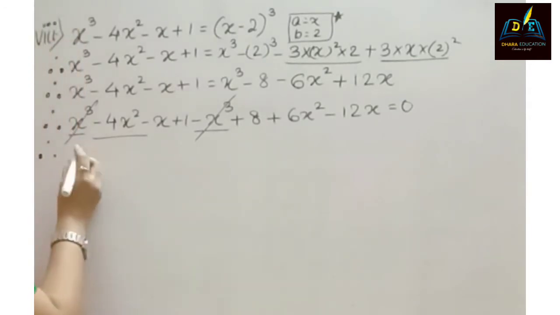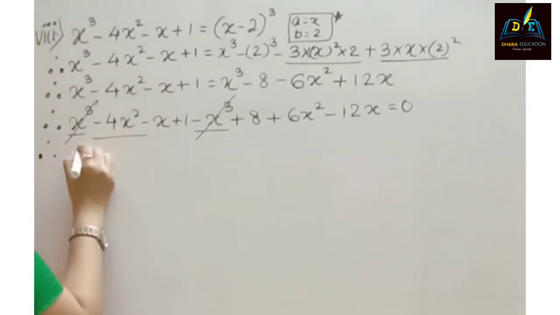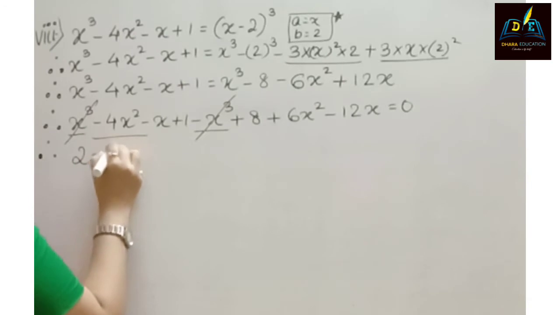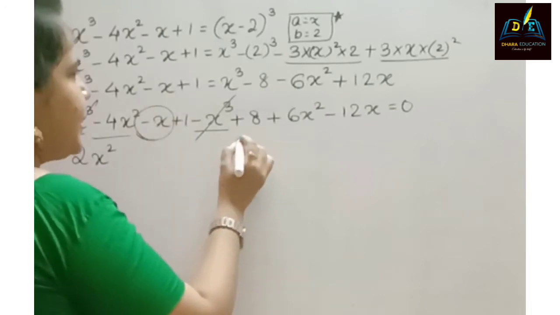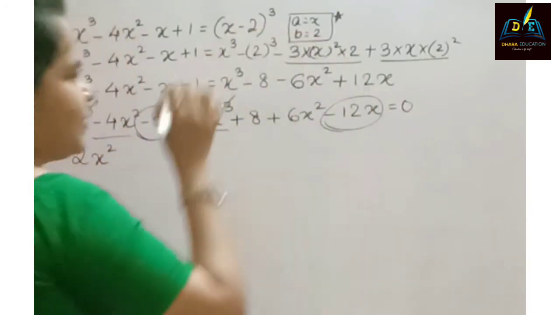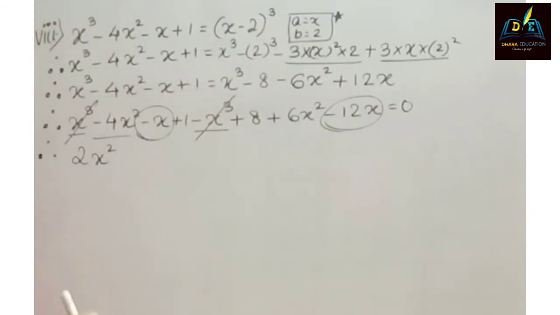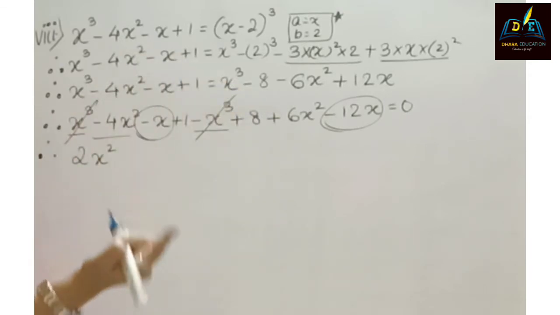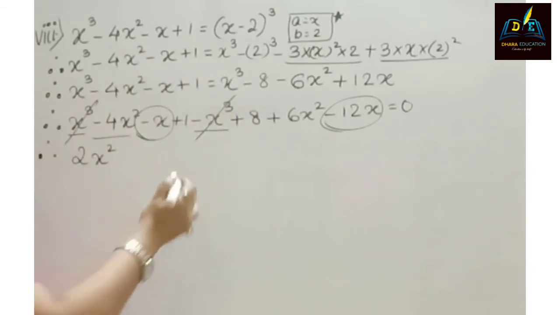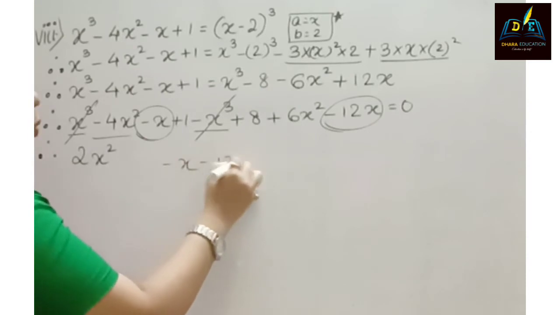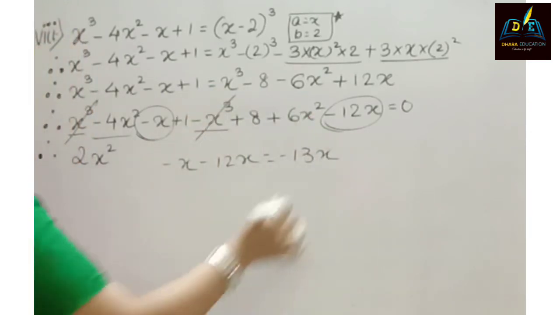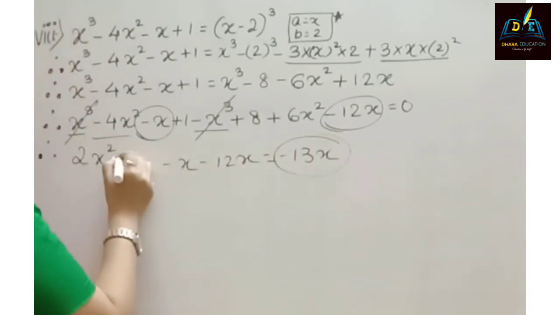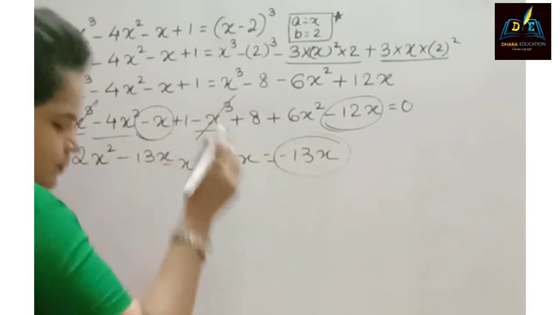So here I will write 2x square. Then what is left over here? Minus x and minus 12x. So both the terms are in minus, that is minus x minus 12x gives you minus 13x. So we write here minus 13x.